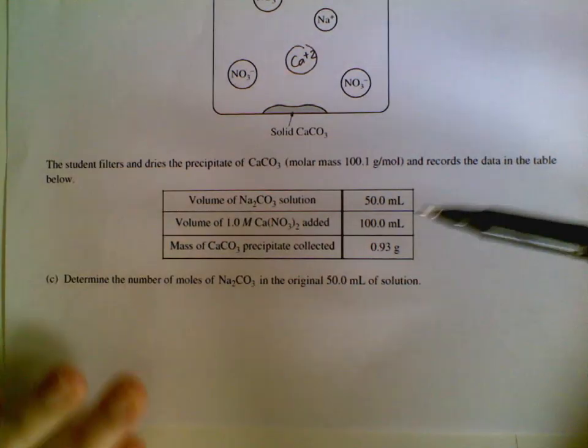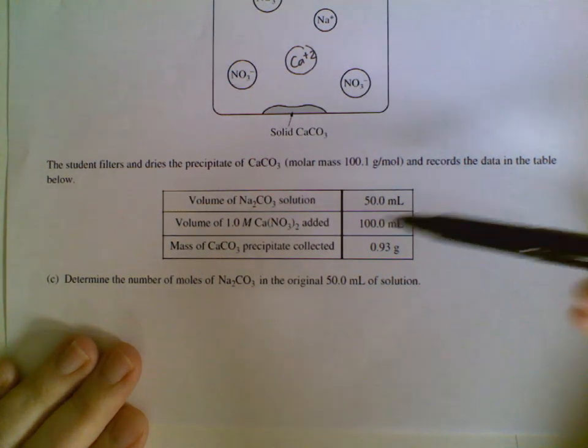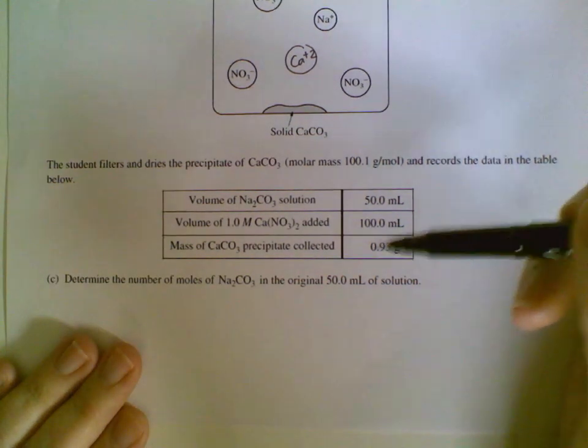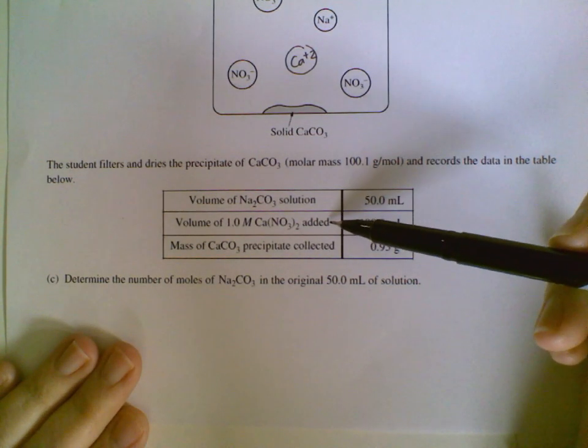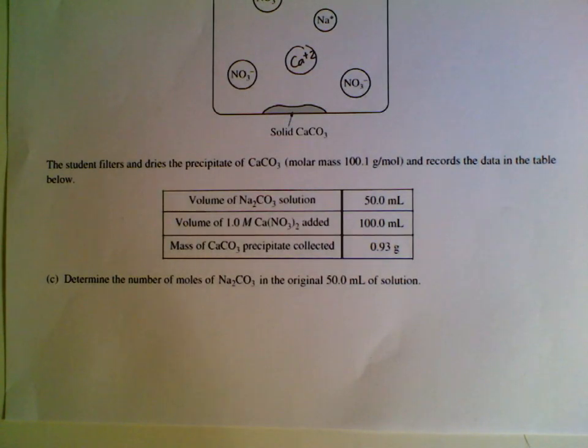I think the issue here is that you are given two options. You are given the calcium nitrate and you're given the calcium carbonate, and you have to decide what to use for this. They're setting you up with two possible pieces of data to start your stoichiometry to see if you know what you're talking about.